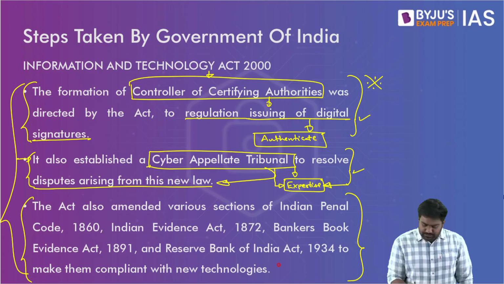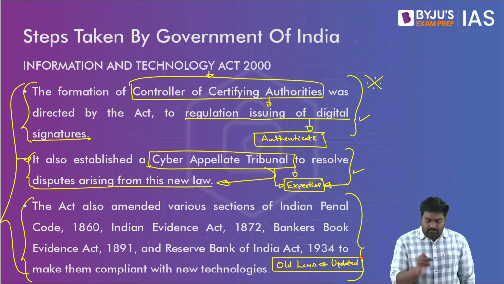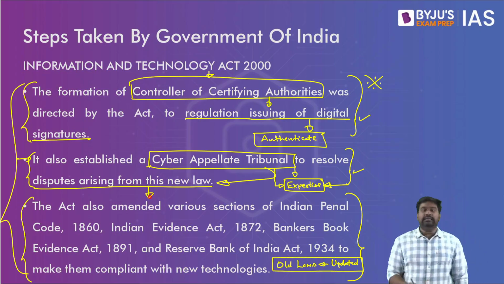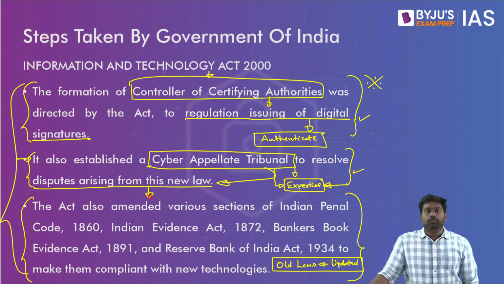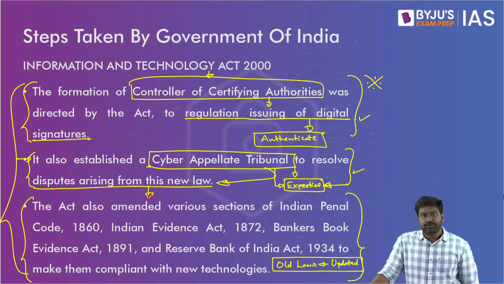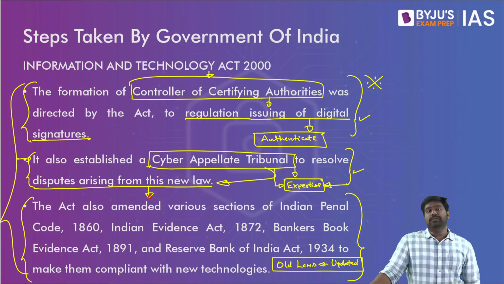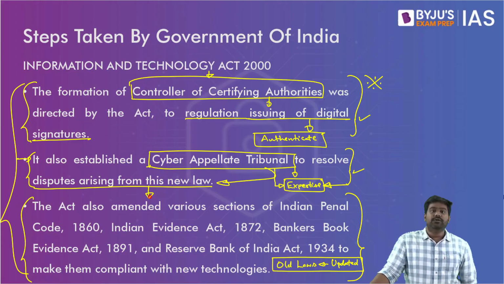Old, outdated colonial laws were updated to account for IT technology, to provide for net banking, online payments, and digital transactions, and to allow digital forensics to be used in criminal investigation, right?